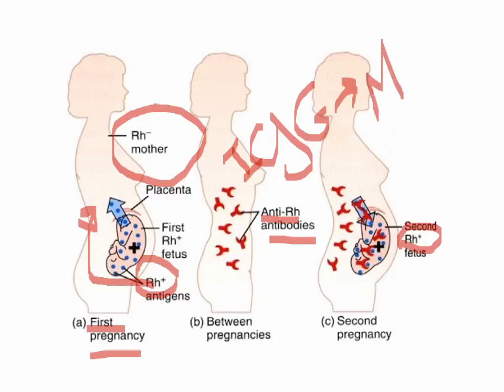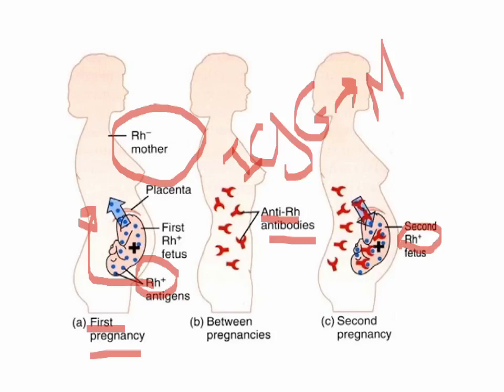So the IgG antibodies will start to cross the placenta, reaching the fetus with the D antigen or the Rh factor expressed on the surface of the RBCs, thus causing hemolysis of the RBCs of the fetus. And this causes the hemolytic disease of the newborn, or the erythroblastosis fetalis.